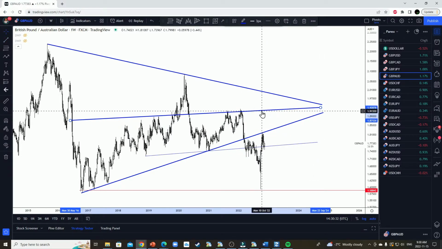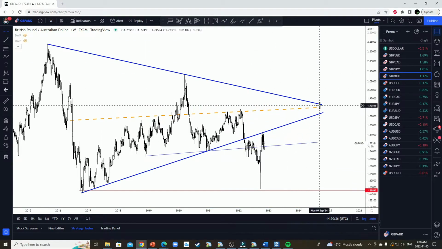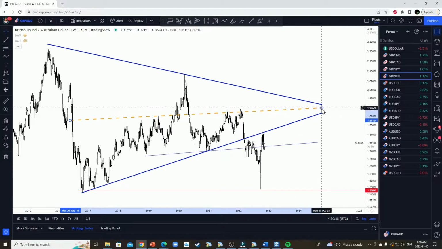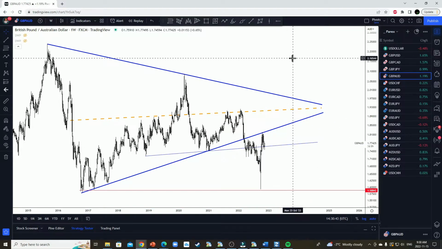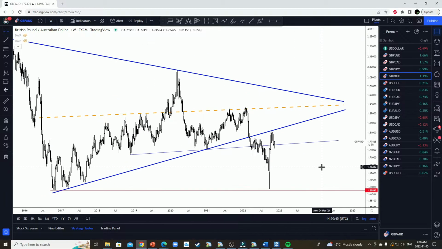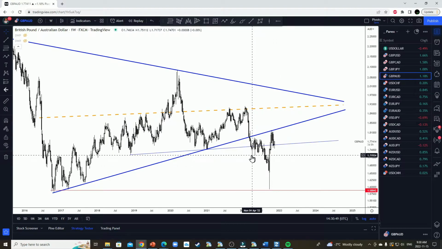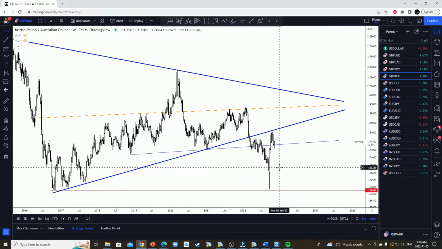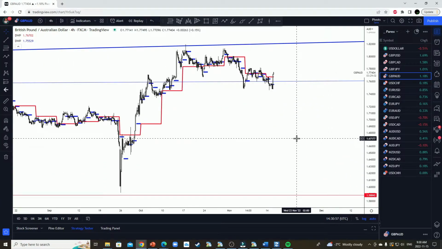So I would say that this zone would be my main target for this trade. It might go further, I don't know, but for now this is the idea of the trade. So if I see price reverses and breaks these lows, I'll reconsider. But right now, the fact that it's been hanging out in that zone is a good sign.